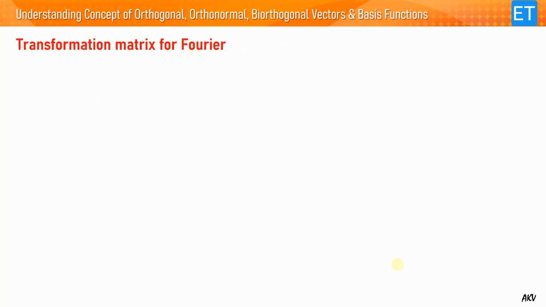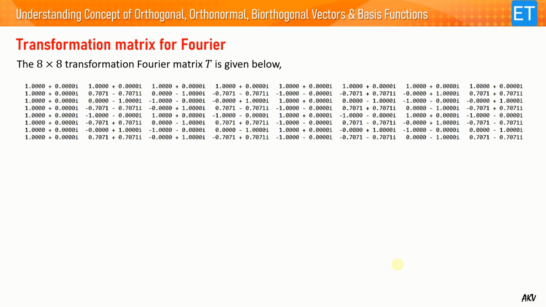And now let's see some popular transforms like Fourier and other transforms. What are their basis functions, and what is the transformation matrix used for them? So just consider this 8 by 8 transformation matrix which is used for Fourier. You can generate n by n size matrix for Fourier.